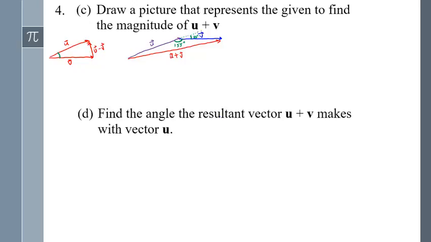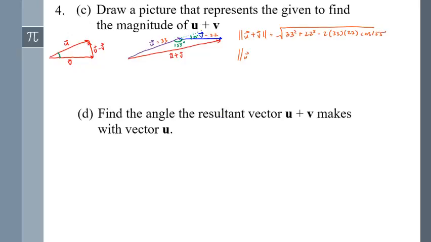So since we know that now, we can find the magnitude of u plus v, which is going to be that same formula using law of cosines, the square root of 33 squared plus 22 squared minus 2 times 33 times 22 times the cosine of 155.